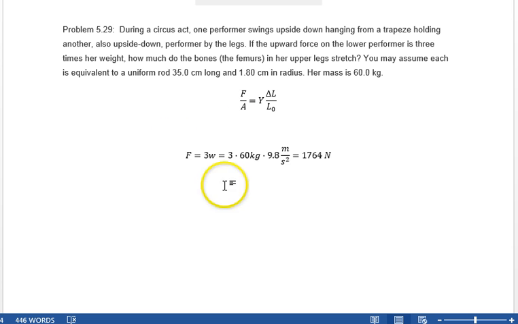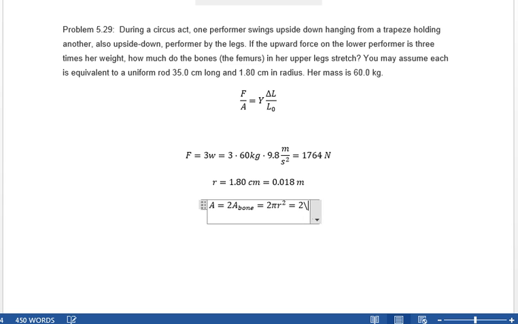All right, what is the area in square meters of her leg? So we've got the radius of 1.80 centimeters, which is 0.018 meters. And the area is 2 times the area of one bone, because we've got both legs, equals 2 times pi times the radius squared.